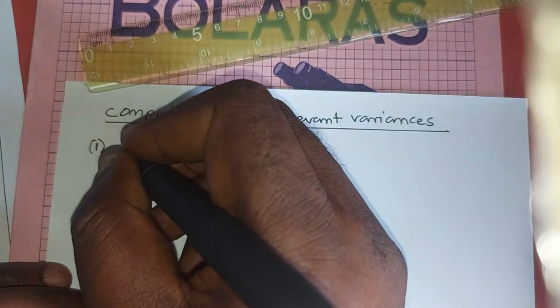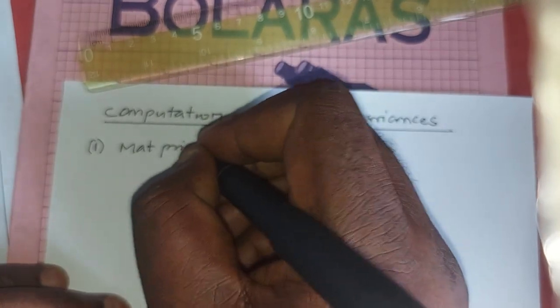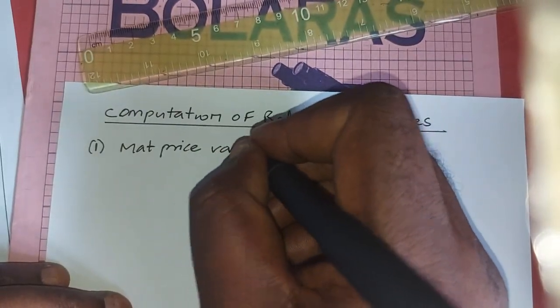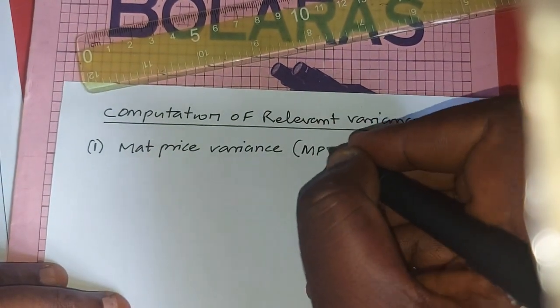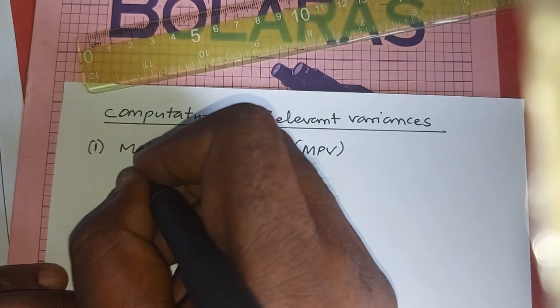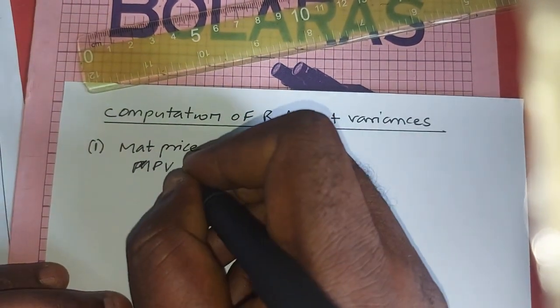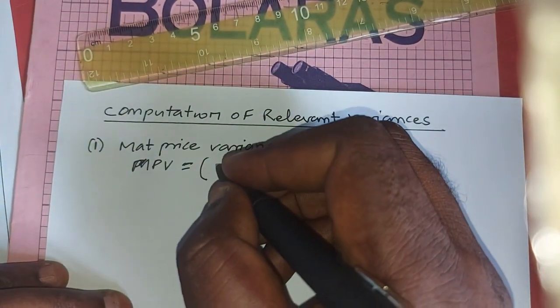So number 1 is material price variance, which is MPV. So the formula is MPV equals, open your brackets, standard price.